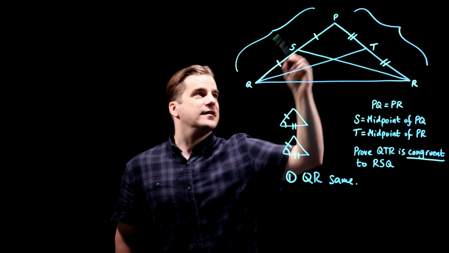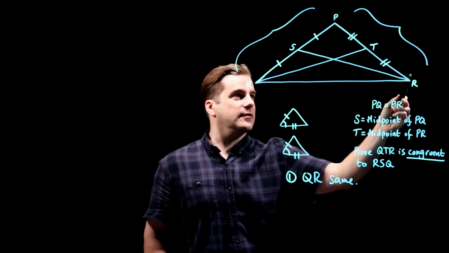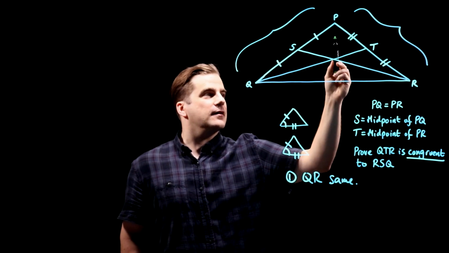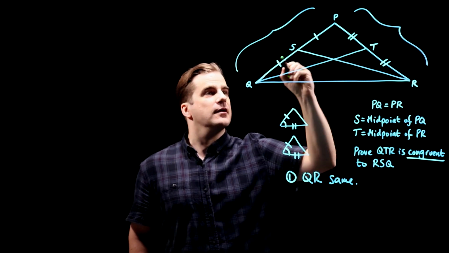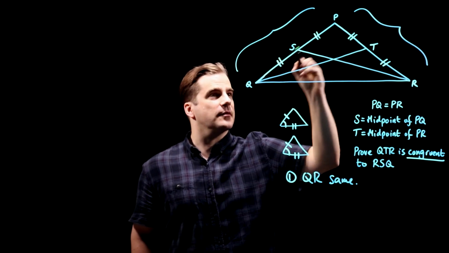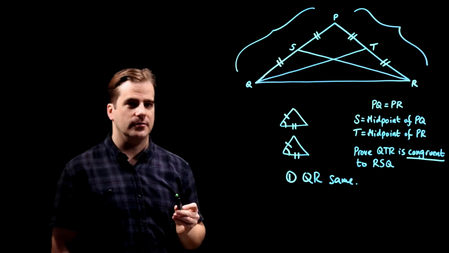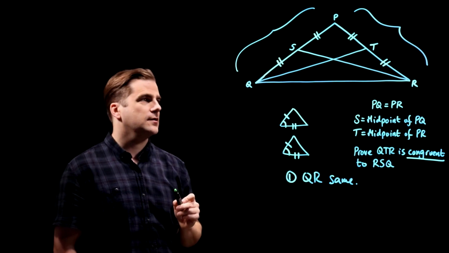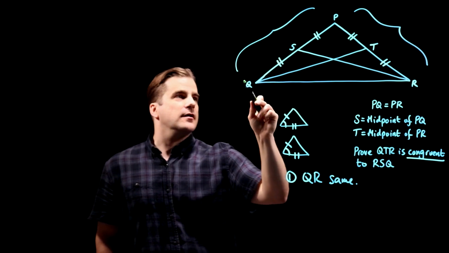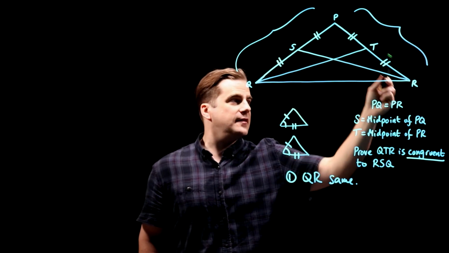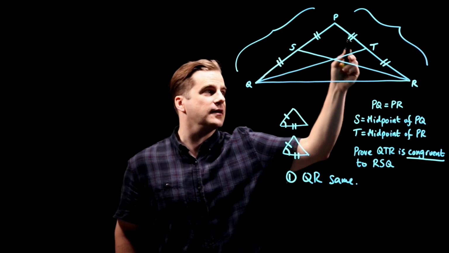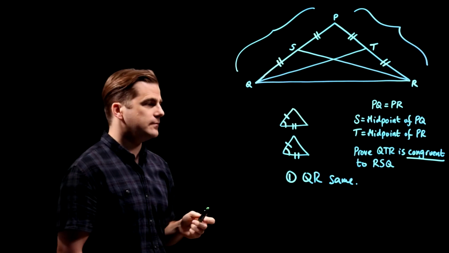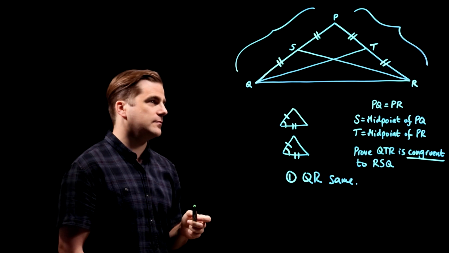Because if that's the same and that's the same, and they're both split into two halves which are both the same, then all of those things must be the same. So QS, SP, PT and TR are all the same. And we've represented it by these lines here.